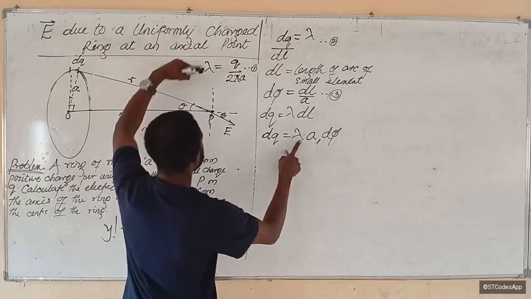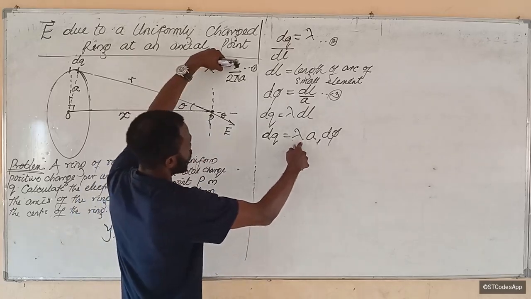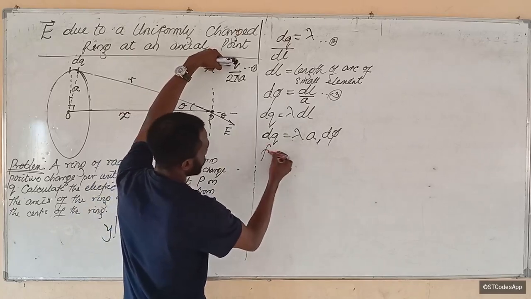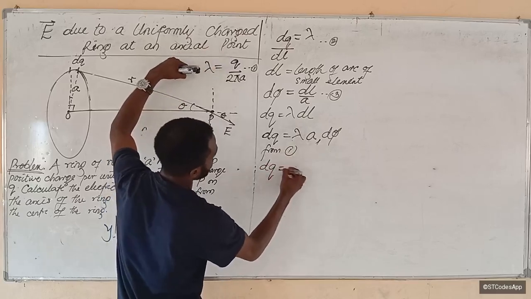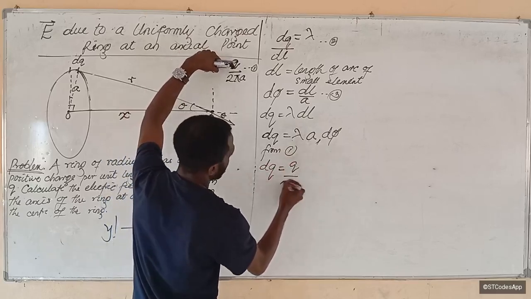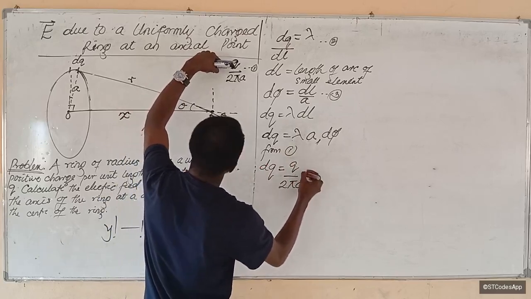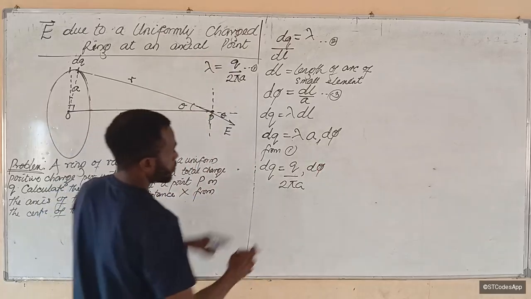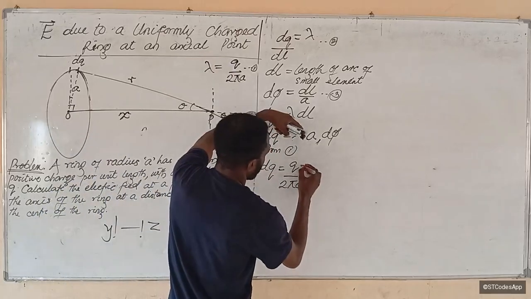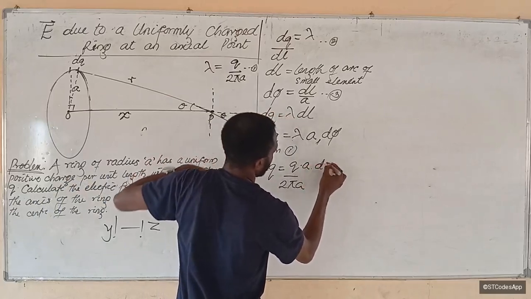So recall already that lambda is q over 2 pi a, from equation 1. We now know that dq will be equal to q over 2 pi a times a d phi.